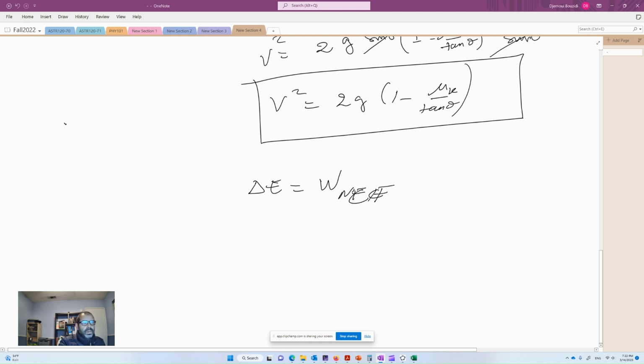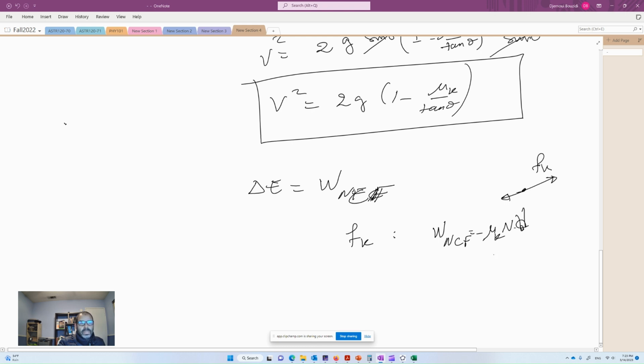And the only non-conservative force in this case is Fk, the force of friction. And the work for it is going to be a negative number because Fk is pointing this way and the displacement is in this direction. So the dot product of these two will end up being negative. So W NCF is going to be a negative number, minus mu k times n times the displacement d.